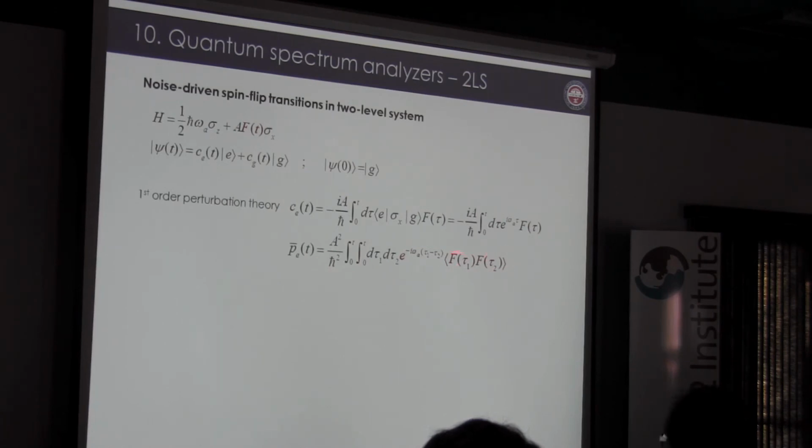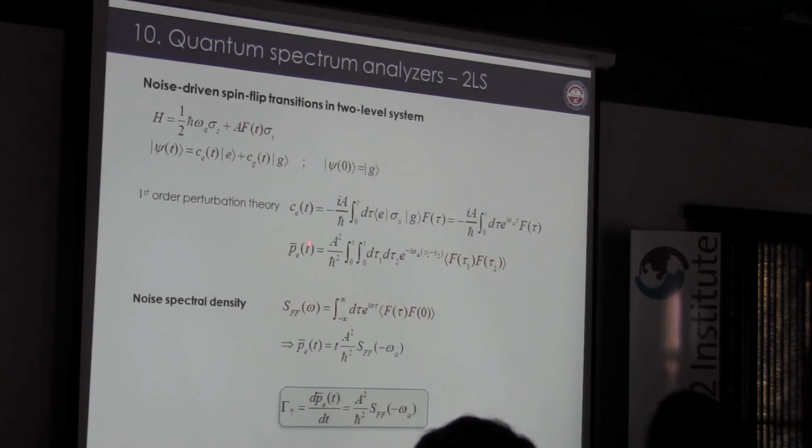Now, I want to take the average, right? This bar here indicates an ensemble average over many experimental realizations. If I shift the time integrals a little bit and then look at one of these going over a large time, what I get is an important function called the noise spectral density.